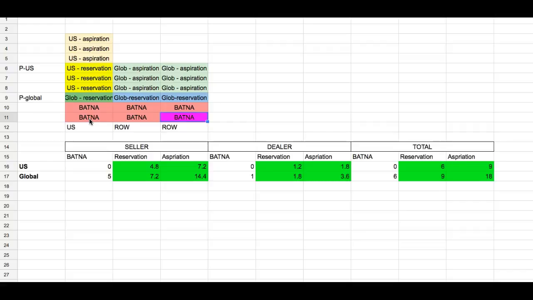That's the reservation price for the seller. Okay. The aspiration is 18, right? That's 1, 2, 3 times 6. 18 million.